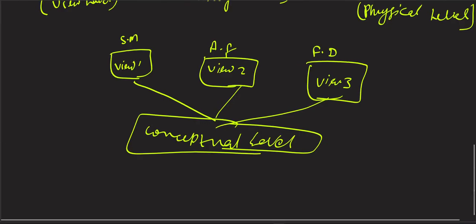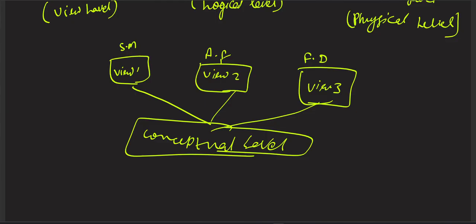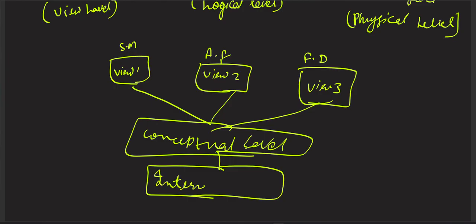And next is the internal level, which stores the file, index, or some records.